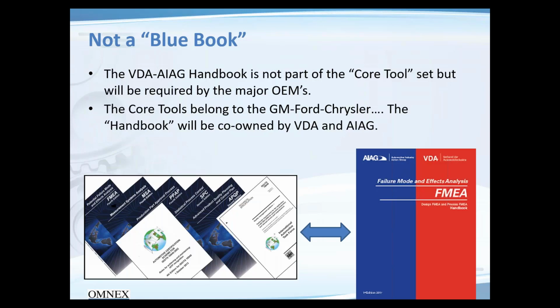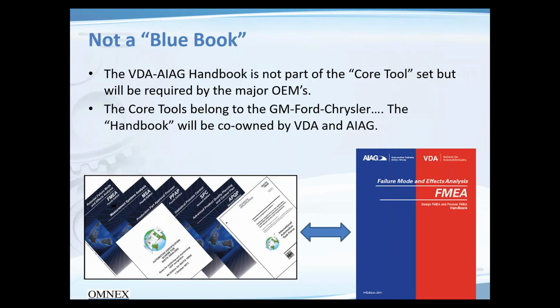One thing I'd like to point out right at the beginning is one of the big changes is that the AIAG-VDA FMEA Handbook will not be a core tool document. The core tools, the blue books, were owned by the strategy board or by GM, Ford, Chrysler. Now the AIAG-VDA Handbook is going to be owned by VDA and AIAG.